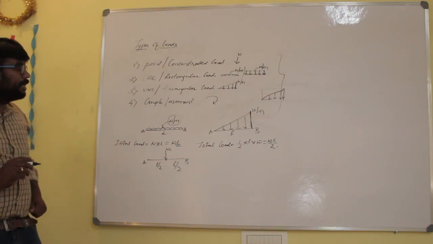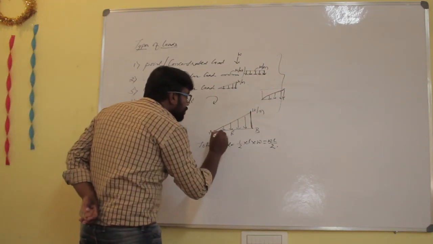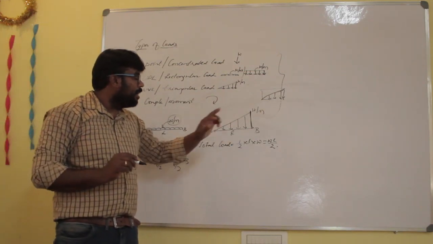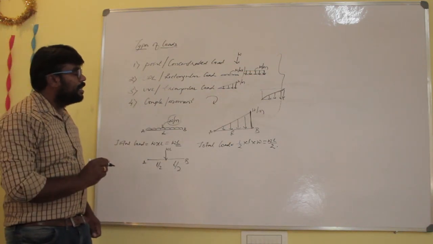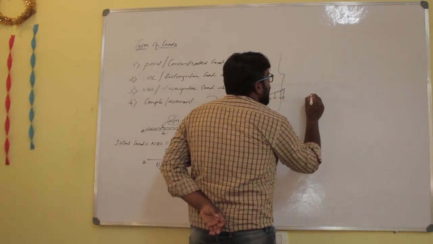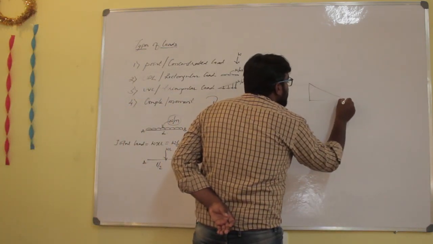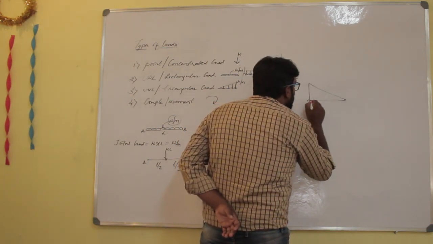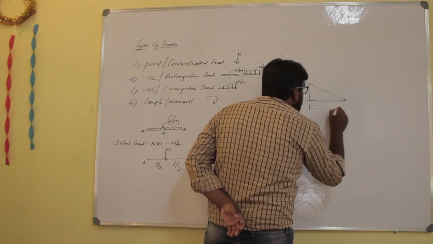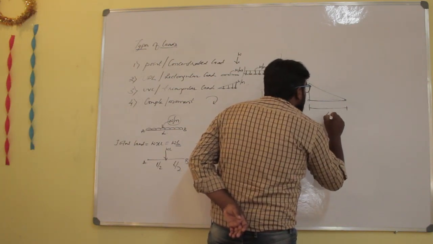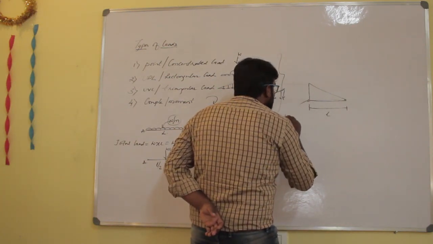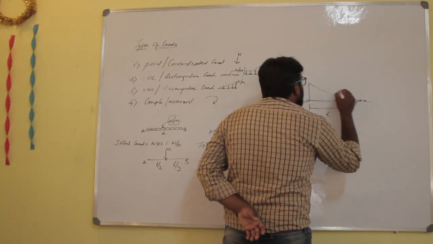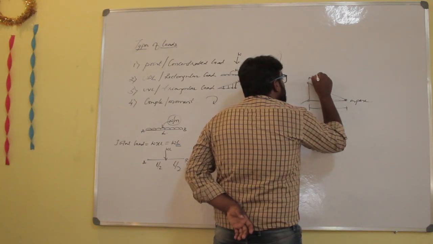Where will it be concentrated? It will be concentrated at the centroid. Even in a rectangle, even in a triangle, the load will be concentrated at the centroid. If you take a triangle, we will call this portion the base and this the apex.